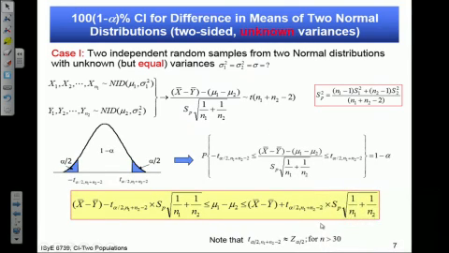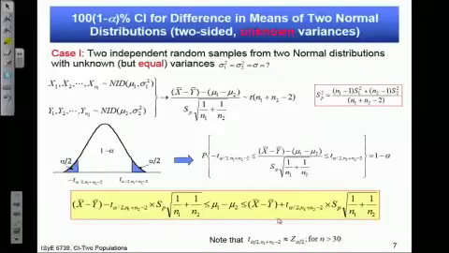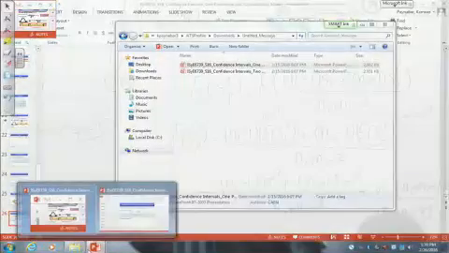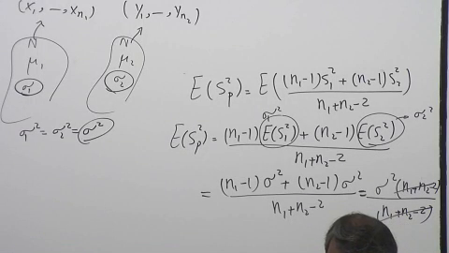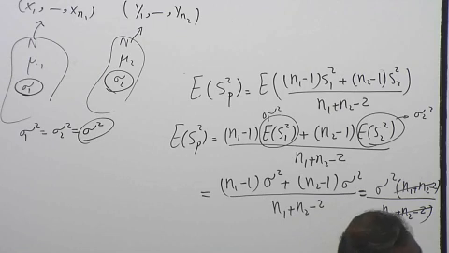Now, if I use the t distribution and this estimator of variance, then I can find this lower confidence bound and this upper confidence bound. Again, as you said, if n is large, actually this should be if n1 plus n2, let me just fix it right now.